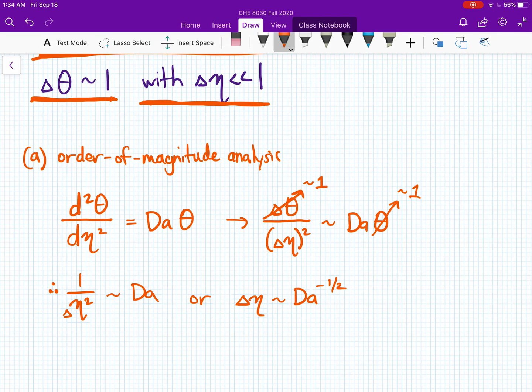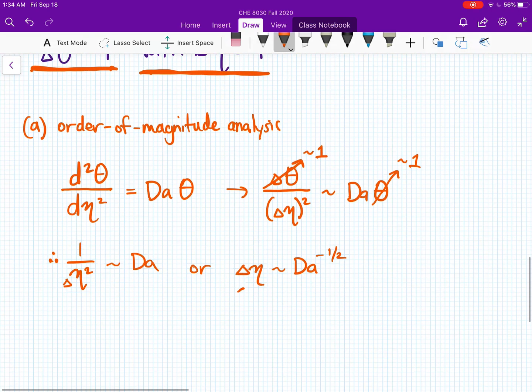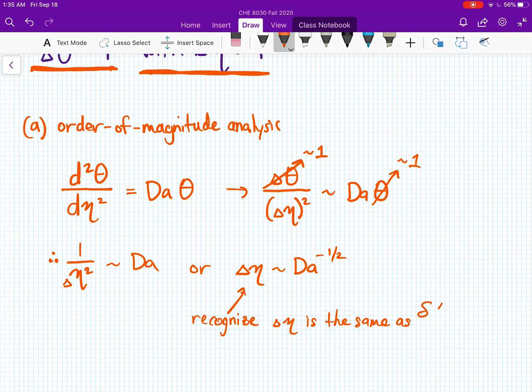It may not be obvious, but if we recognize that delta eta is the same as delta divided by L, then we see that we get the same result or reach the same conclusion that we did from our original analytical solution.